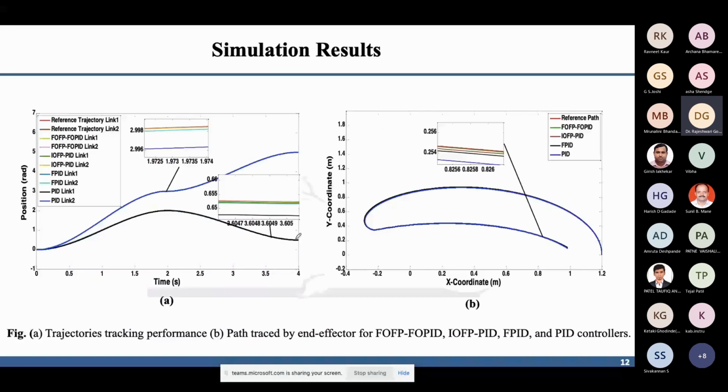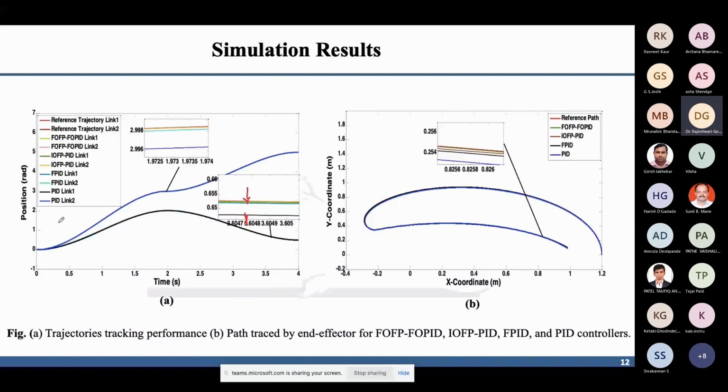So what we have done, we have designed this controller, simulated and run it a lot of times, more than 100 iterations for each controller separately, and we are getting different results. Here you can see very close results. This is the trajectory tracking performance of link 1 and link 2.